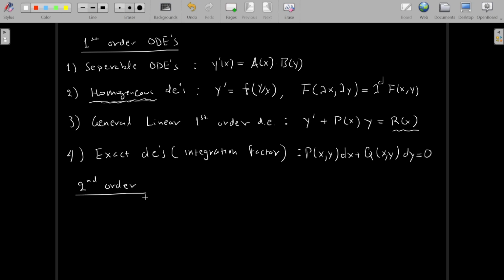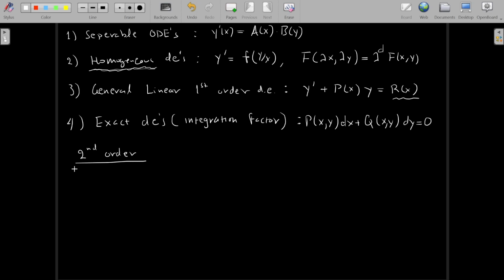Also we have second order. Well, we will examine differential equations with constant coefficients. Let's say you have a form of a y prime prime plus b y prime plus c y is equal to 0.